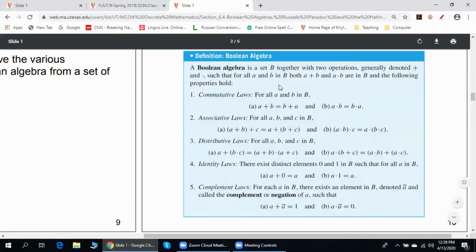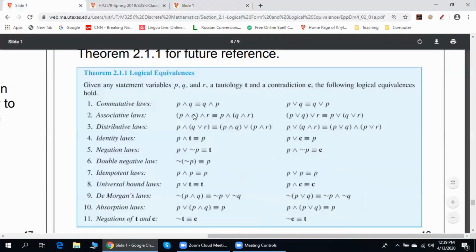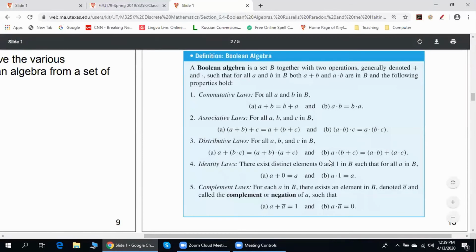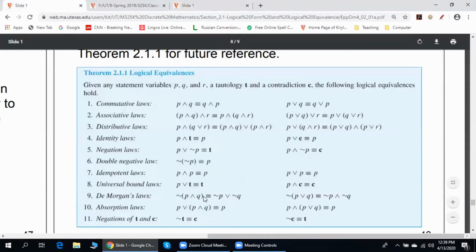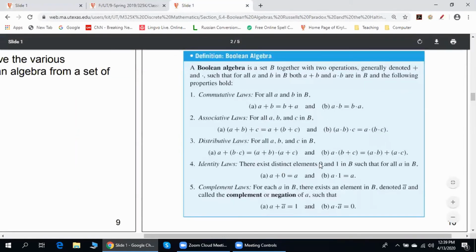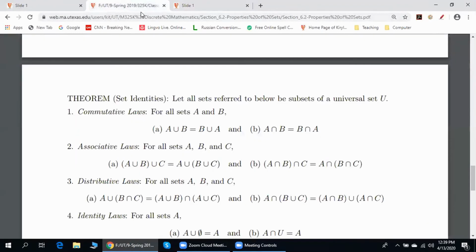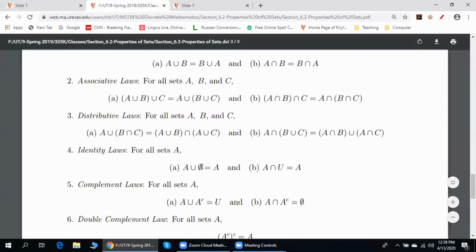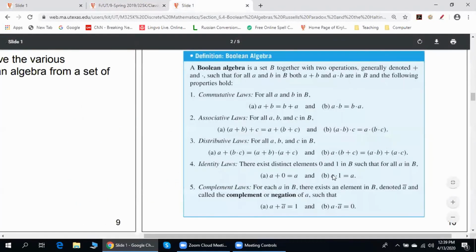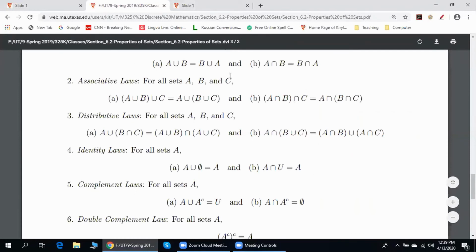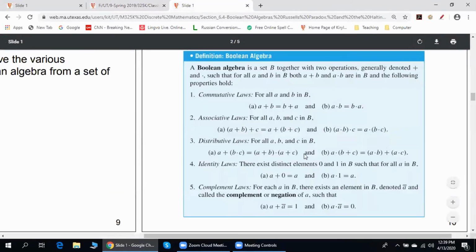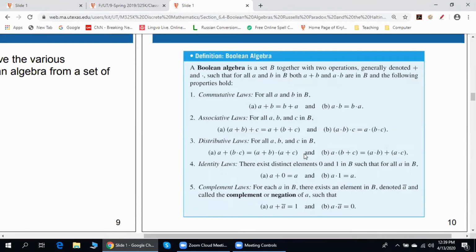Are 1 and 0 the same as true and false? 0 in logic means contradiction, 1 in logic means tautology. 0 in sets means the empty set, 1 in sets means the universal set. Does this answer your question? Yeah, I got it, thanks.